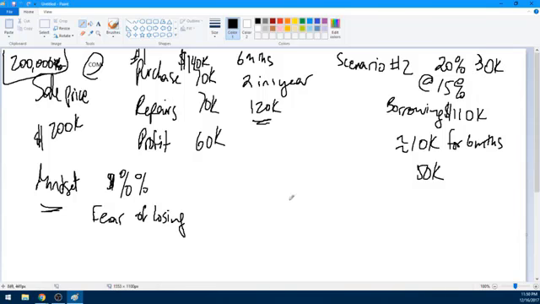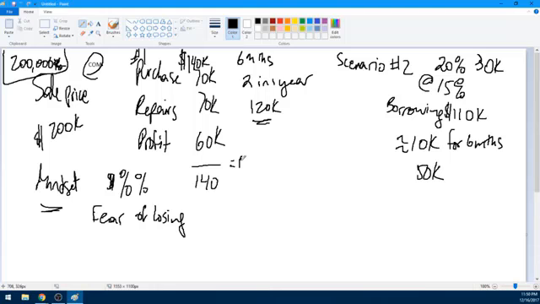Let's look at this from a cash on cash return on investment. Here, you've made 60,000 divided by 140,000 equals, let's take my calculator out real quick. You're at 42%.